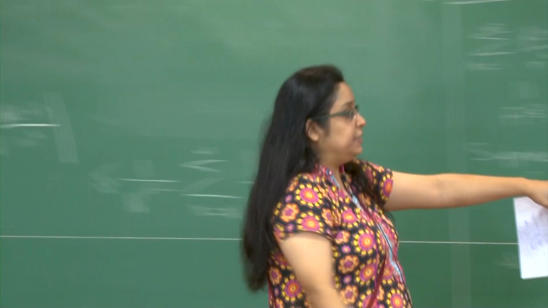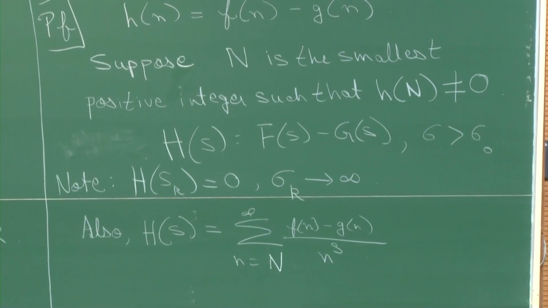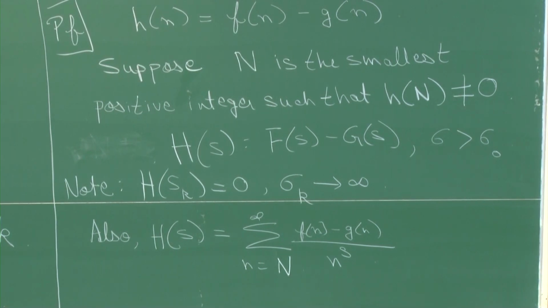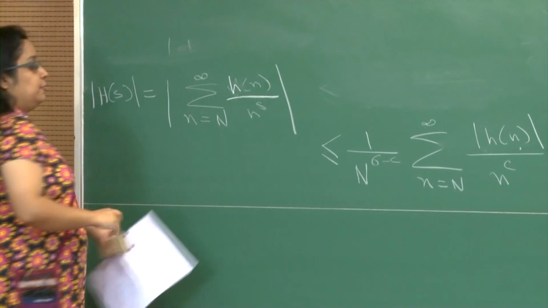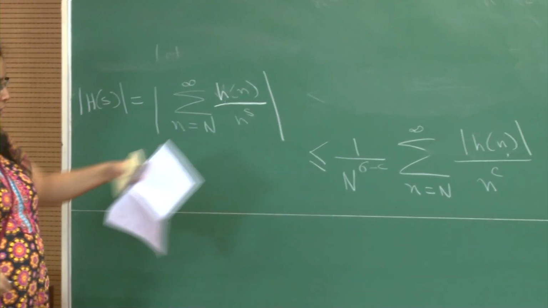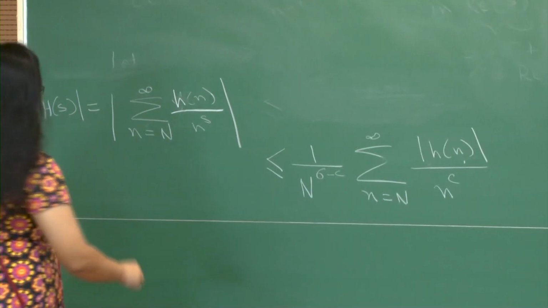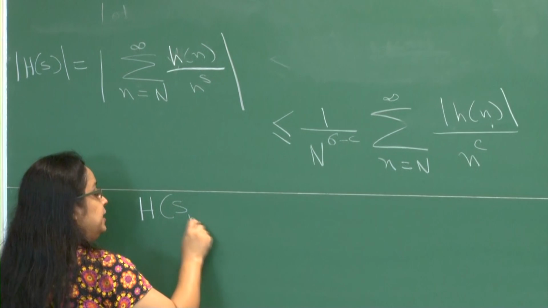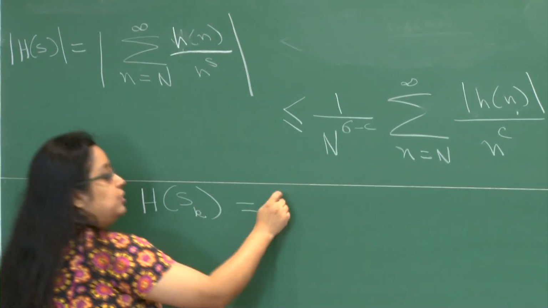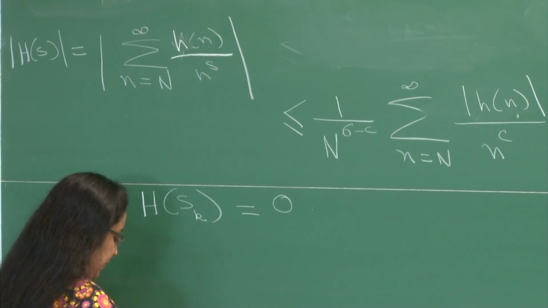In fact, it has to start from capital N. So, we have this, and therefore this is just the absolute value of H of s, which is less than or equal to this quantity. And therefore, we also have H of s sub k is equal to 0.